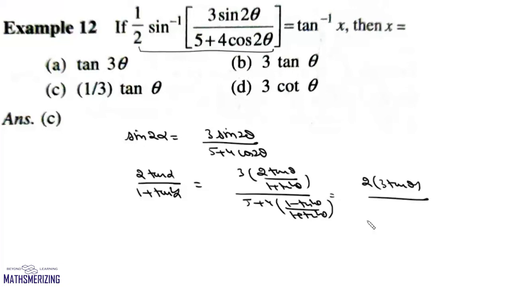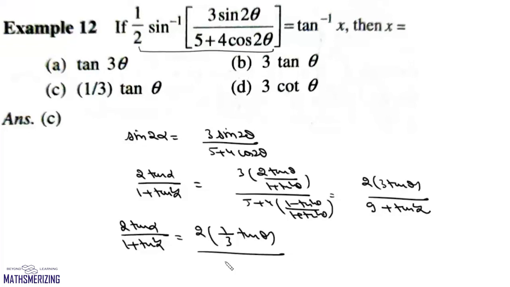Now we can write this as 2 into 3 tan theta upon 9 plus tan square theta. So we can express this as 2 tan alpha upon 1 plus tan square alpha, and it will be equal to this expression. Now what we'll do is we'll divide everything with 9. So we can write 2 into 1 by 3 tan theta upon 1 plus 1 by 3 tan theta whole square.